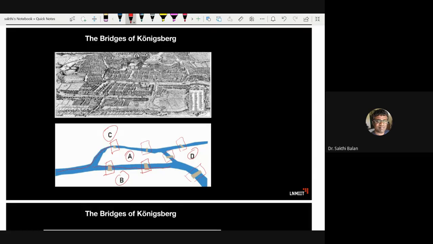They connect the landmasses across the river. So there are 7 bridges connecting A, B, C, and D across the river Pregel.